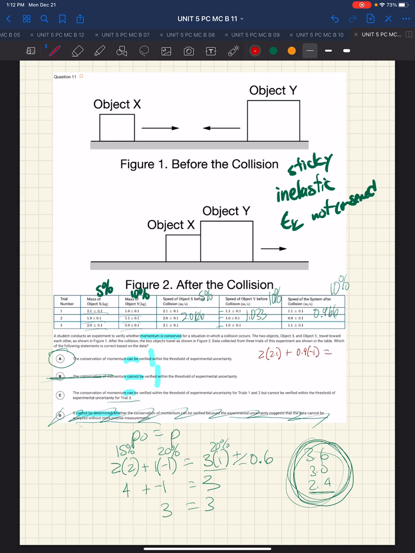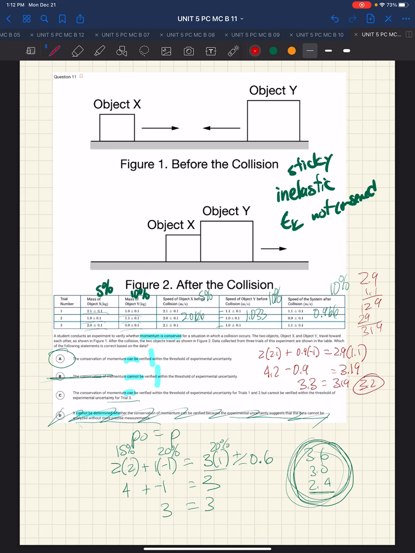And then that would be equal to a combined mass of 2.9 times 1.1. So this is 4.2, and this is minus 0.9. And 2.9 times 1.1 is 3.19. And so what we end up getting here is 3.3 equals 3.19, which is 3.2.